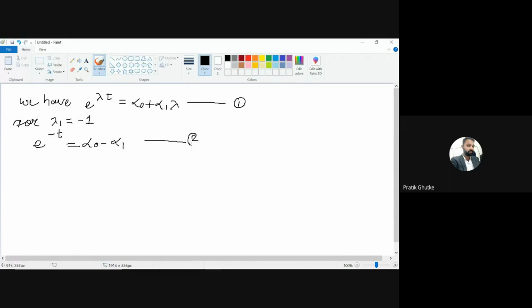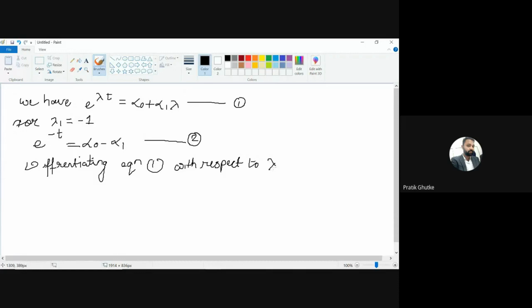Now differentiating equation 1 with respect to lambda, what do we get?